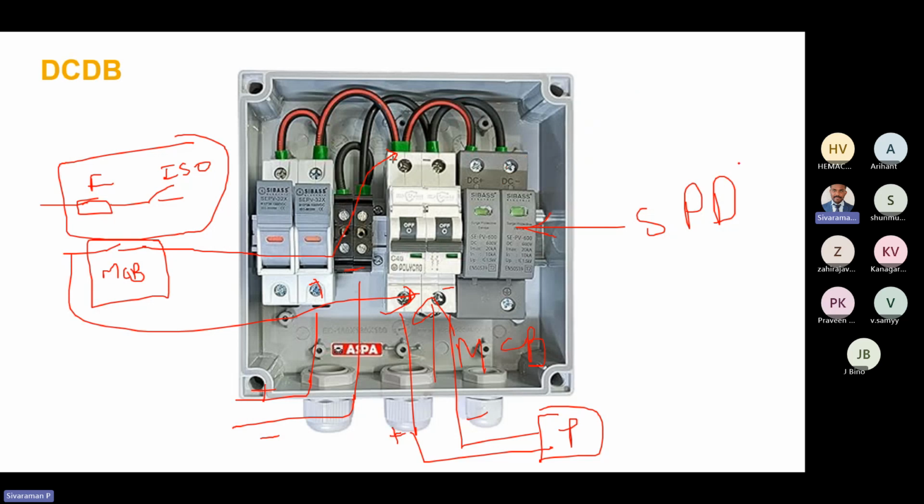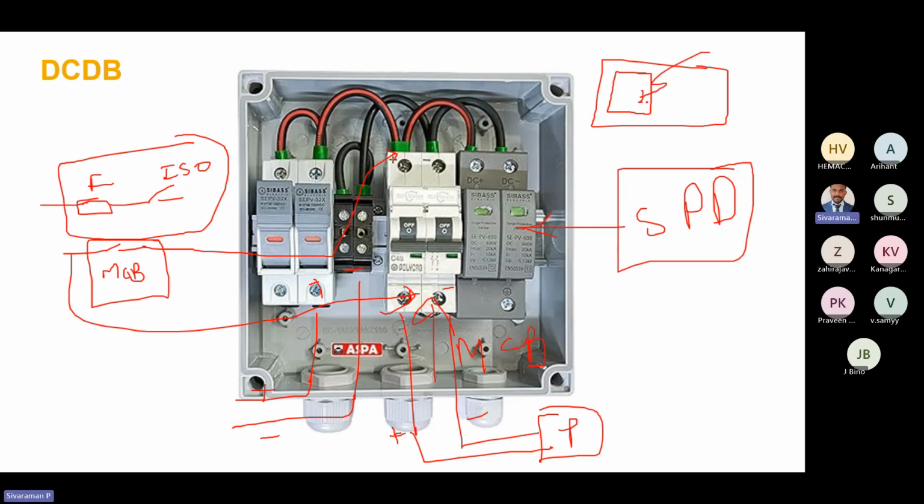So with the SPD, we can see the SPD. What is SPD? SPD is a surge protective device. Whenever any electrical equipment is exposed to the sun, there is a higher chance of lightning. If you assume this is the top view of the rooftop, here we have installed the panel. Suppose lightning happens on this panel or near the system, there is a surge current or surge voltage that flows through these circuits.